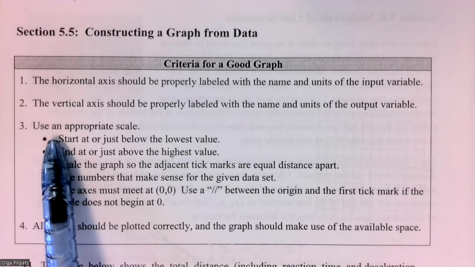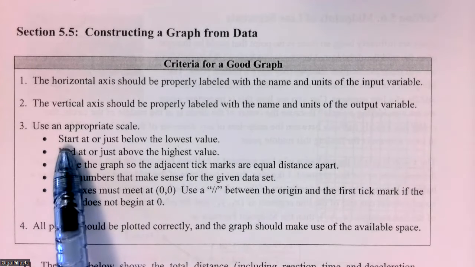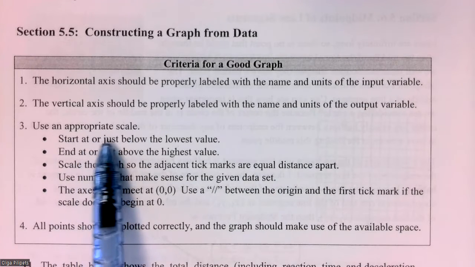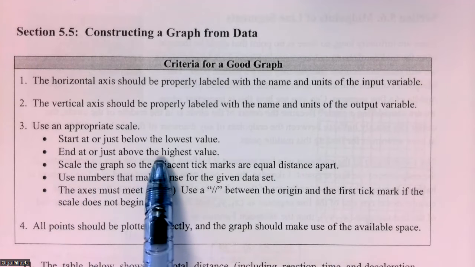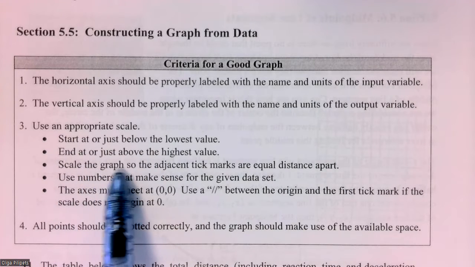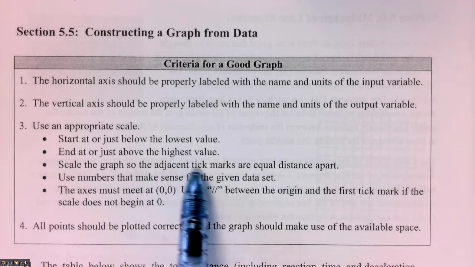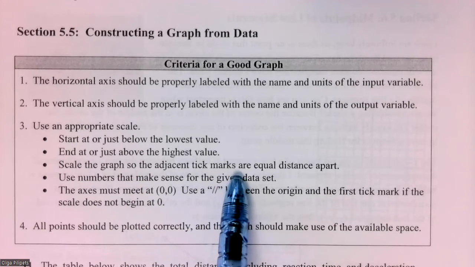Okay, number three, use an appropriate scale. Start at or just below the lowest value and end at or just above the highest value. Scale the graph so the adjacent tick marks are equal in distance apart.